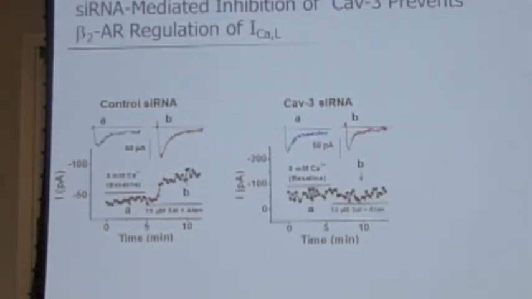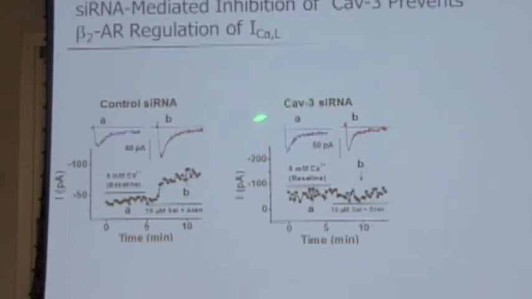So this just goes to show you that if we use neonatal rat myocytes and measure L-type calcium currents and plot the peak current as a function of time, and then add a stimulus for the beta-2 adrenergic system, salbutamol, and atenolol to block beta-1, then we see an increase in current. These are small cells with small currents.